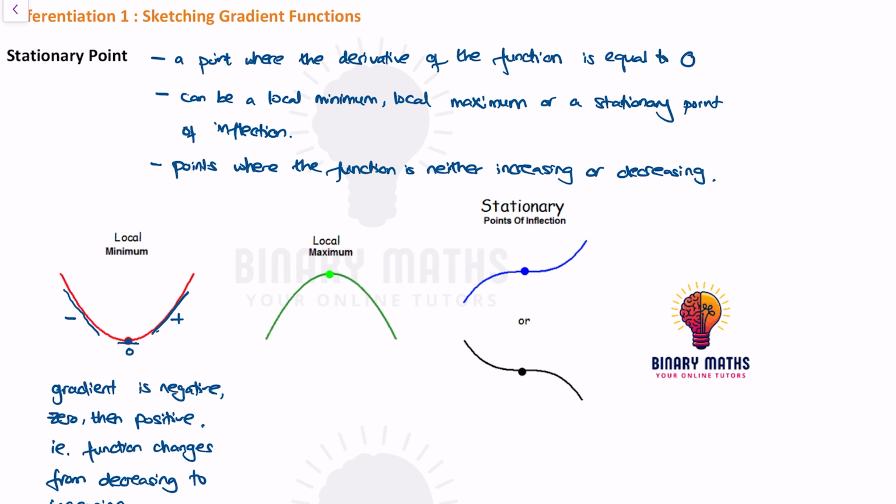Okay, let's look at the local maximum, how that's different. At a local maximum, you know the gradient is 0. Before it, if I draw a tangent to the curve, it's positive, and after it, it's negative.